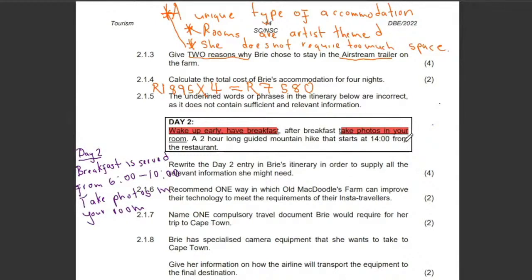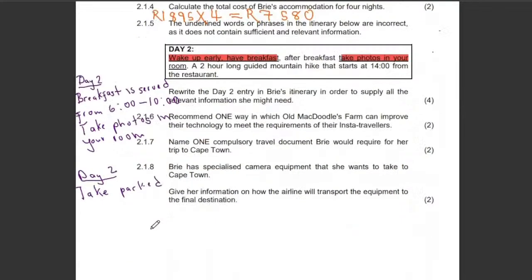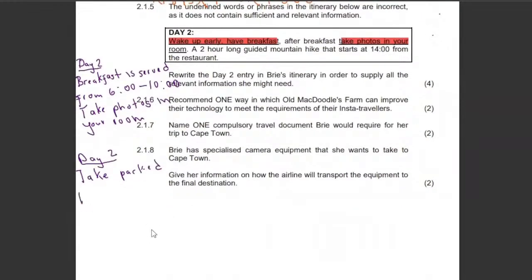Another option is on day 2 again. Take packed breakfast. That's another option.